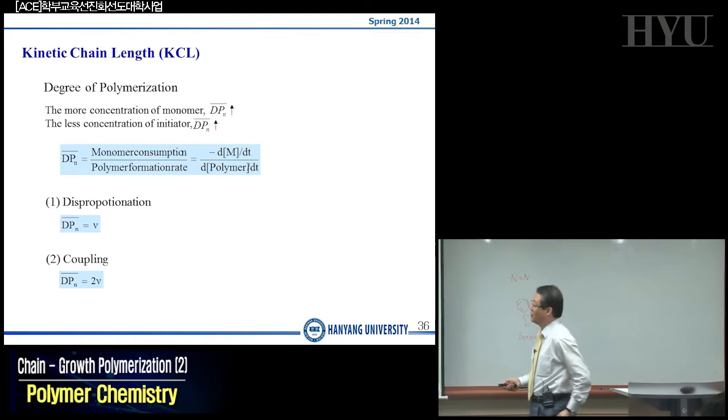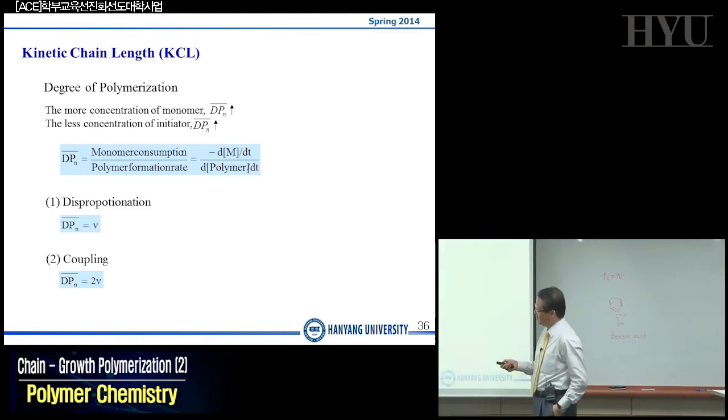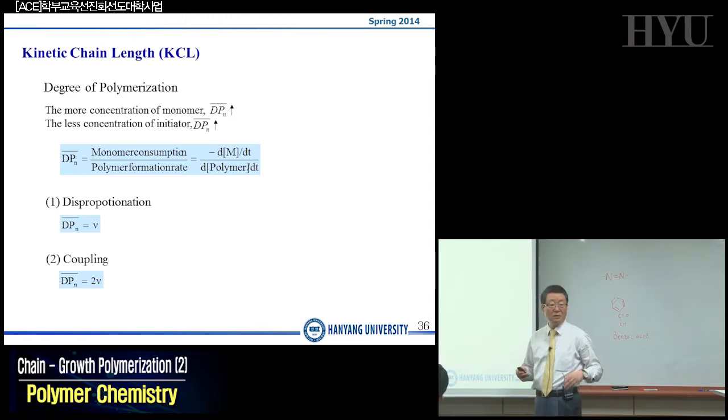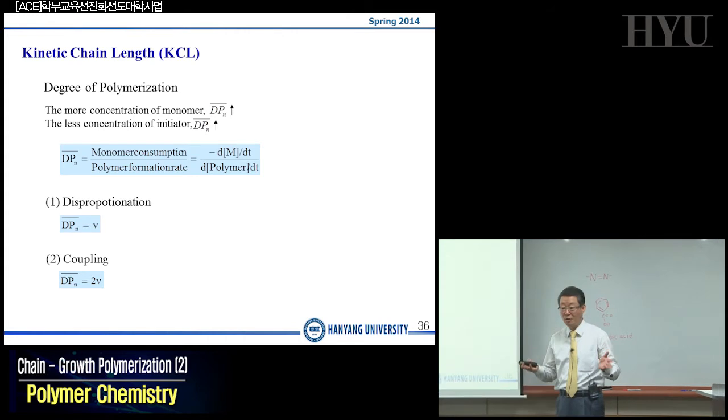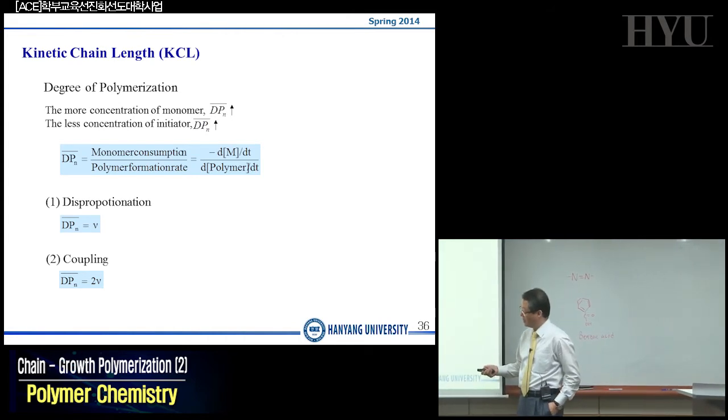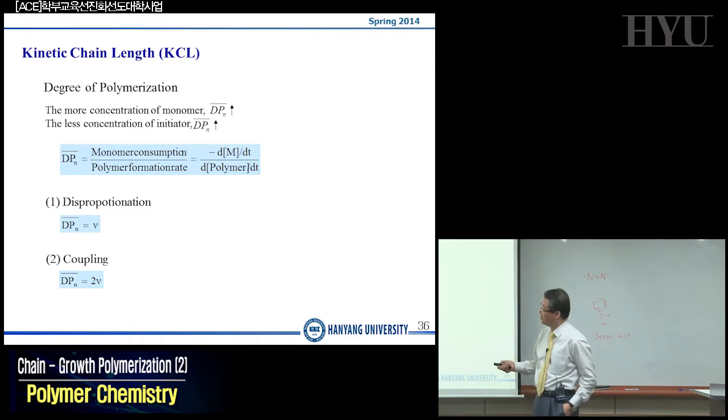Therefore, the DPn, the degree of polymerization. If I have a coupling reaction, coupling is governed in your termination. And if I define the kinetic chain length mu here, now if disproportionation is governed, DPn is mu, whereas in the case of 100% coupling, DPn is 2 mu, okay?